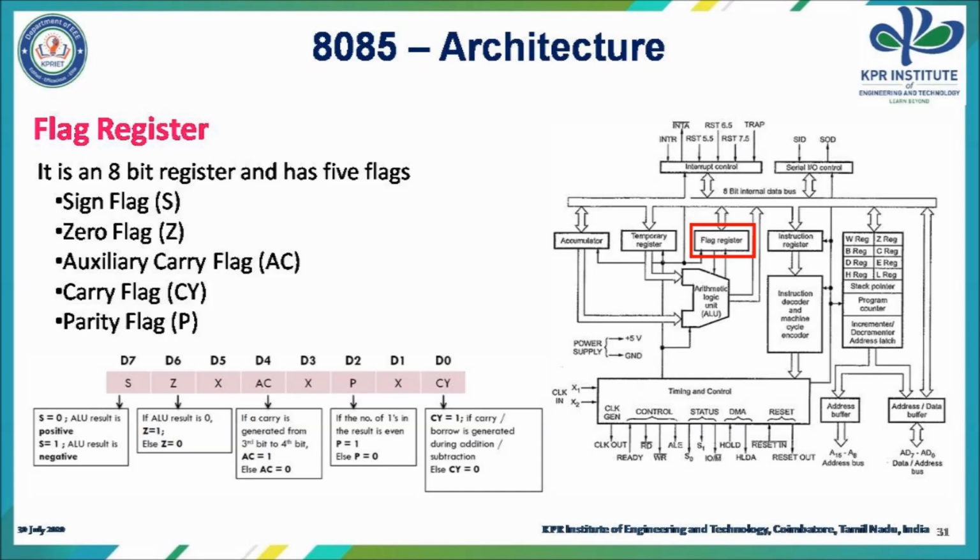If the result of any ALU operation is 0, then zero flag will be set to 1, and if it is not 0, the zero flag will be reset to 0. Then the D7th bit is used as sign flag. If the result is positive, then sign flag will be equal to 0, and if the result is negative, then the sign flag will be equal to 1. So there are 5 flags in 8085: sign flag, zero flag, auxiliary carry flag, and parity flag.